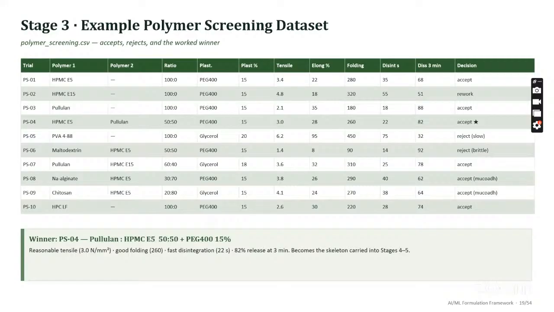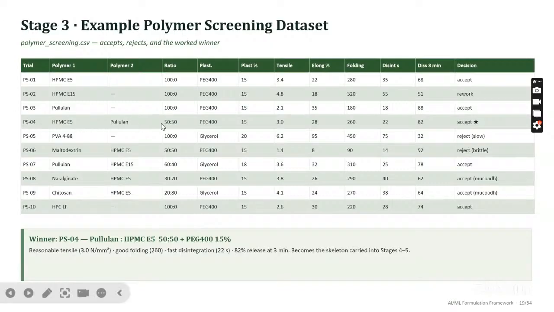Polymer screening data sheet. Here, see DOE, design of experiments. For example, 10 trials, accepts and rejects: whether the result should be accepted or rejected.